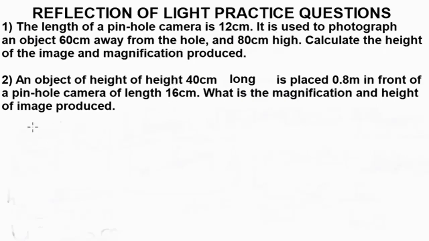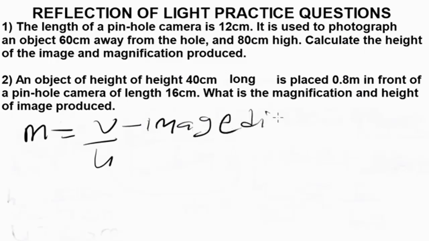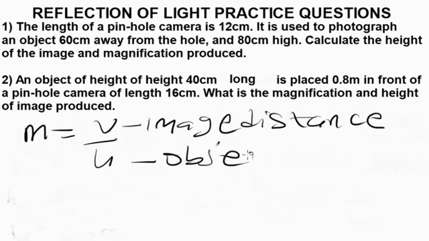Okay, so to begin with, to calculate magnification of light in physics, this is a formula that is applied. Magnification equals V over U, where V is the image distance, whereas the U is the object distance.